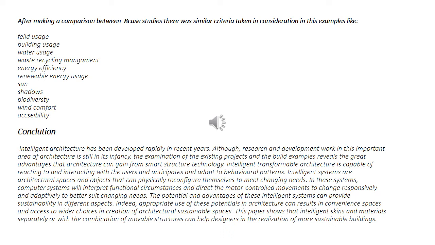Although research and development work in this important area of architecture is still in infancy, the examination of the existing projects and the building examples reveal the great advantage that architecture can gain from smart structures technology. This paper shows the intelligent skins and materials, separately or with the combination of movable structure, can help designers in the realization of more sustainable buildings.